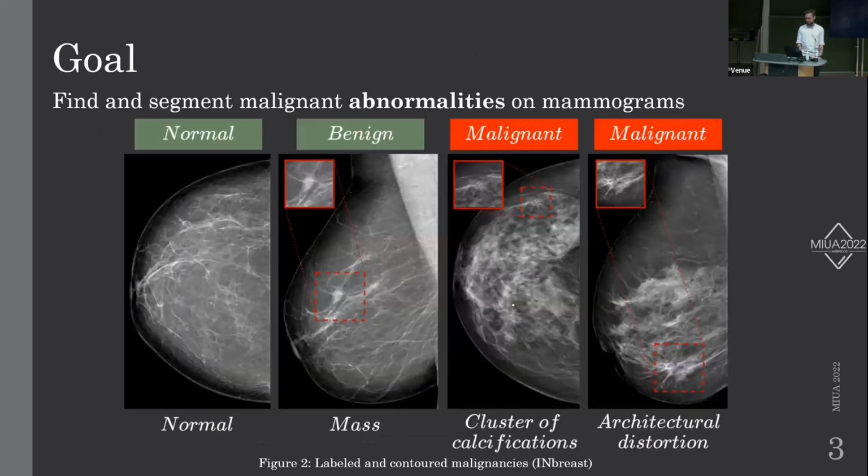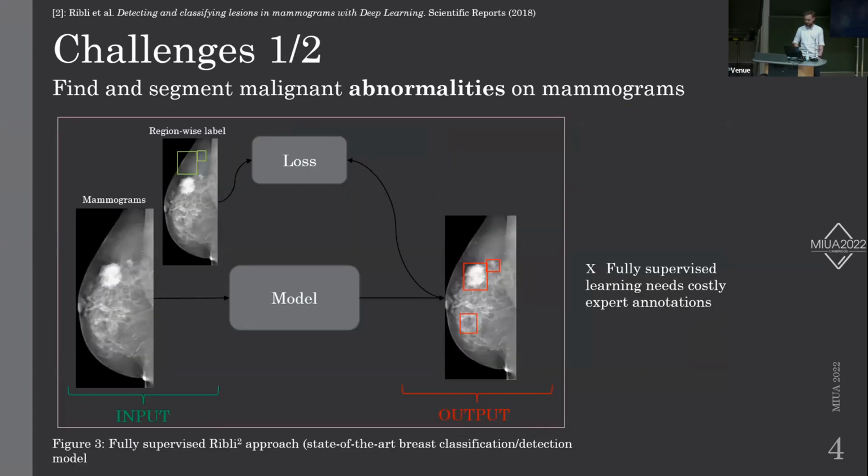Current deep learning methods built on convolutional neural networks have demonstrated good performance in the task of automated analysis of individual mammograms. For example, for the task of malignancy or region classification, as shown in this figure, they mostly use a supervised approach, which requires a region-wise delineation, which is not part of the clinical protocols.